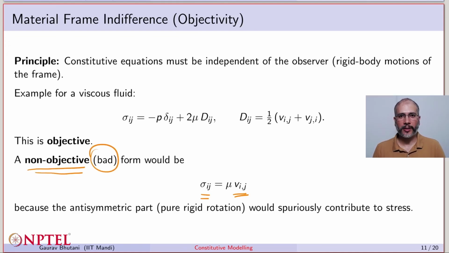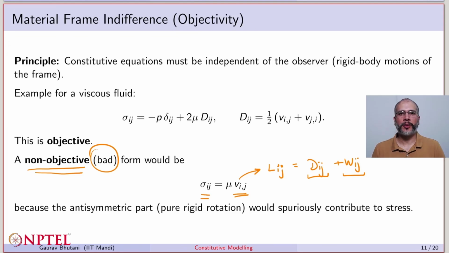And the reason for that is that the velocity gradient tensor, vi comma j, which is written as Lij, is a sum of dij plus wij. So dij is the symmetric part and wij is the skew symmetric part. And the skew symmetric part has information about rotations or the rate of rotations.